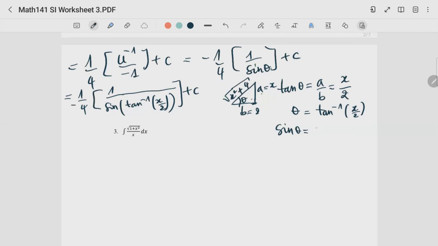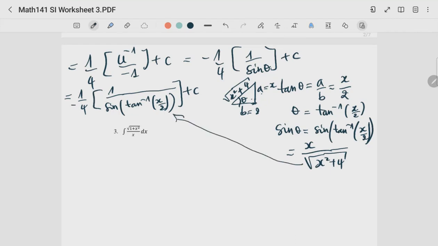So sine of theta, which is the sine of tan inverse of x over 2, is just equal to opposite, so x over the hypotenuse, which is the square root of x squared plus 4. Now you take it back to that expression, and that should be your final answer, right? So for the sake of space, I'll just leave it out there, and I'm sure you guys can continue from there.